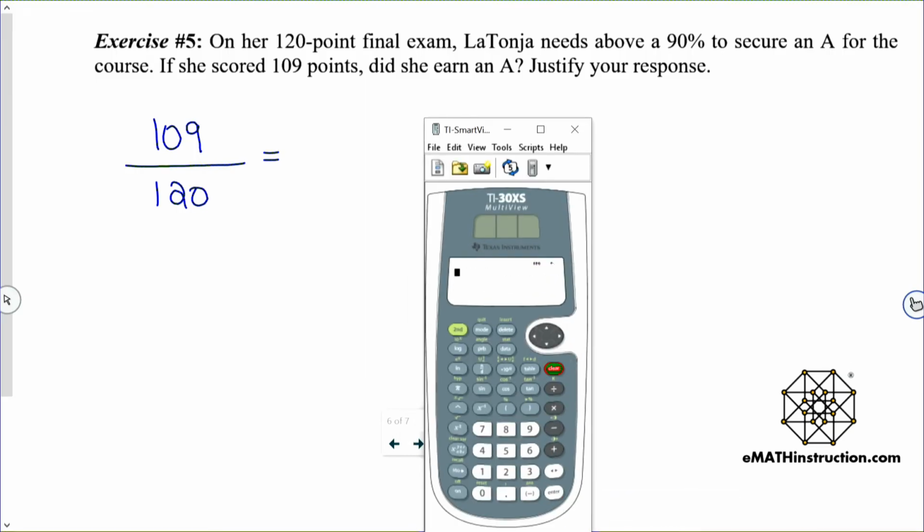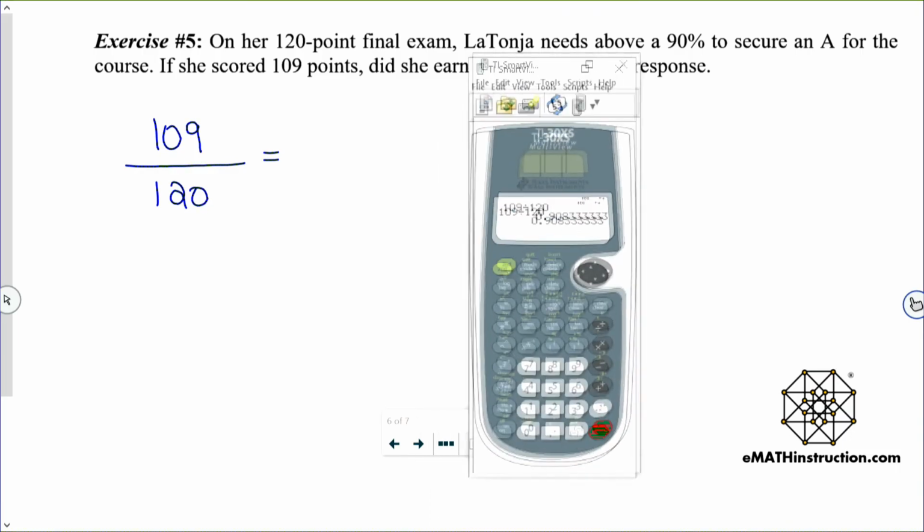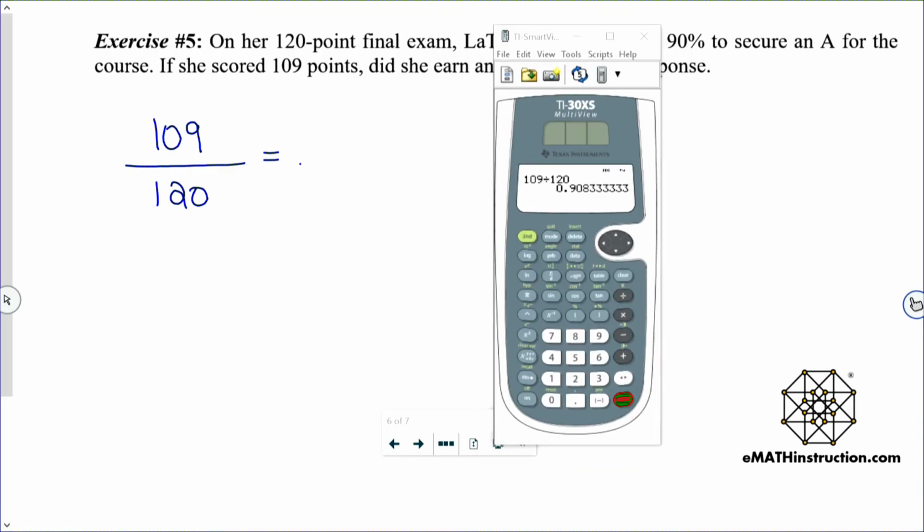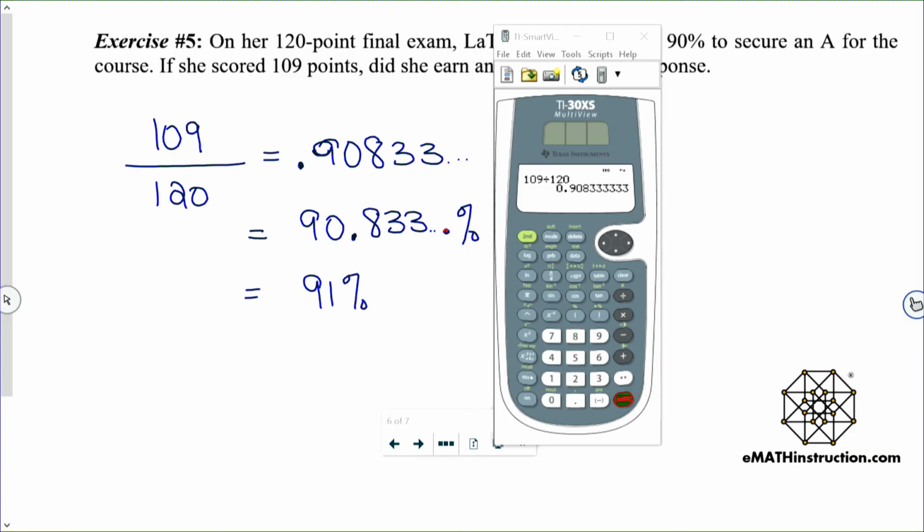So we want to figure out what that is as a decimal. 109 divided by 120 gives me 0.90833, etc. Which would be 90.833, etc. percent. And that would be a 91% if we rounded to the nearest percent.